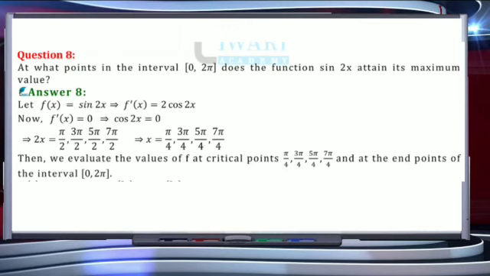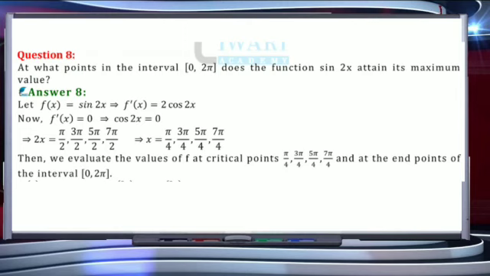Students, we know that 2x goes from 0 to 4 pi, and in that range there will be 4 points where cos takes the value 0. Those points are pi by 2, 3 pi by 2, 5 pi by 2 and 7 pi by 2. So 2x is equal to these values, which implies x will be pi by 4, 3 pi by 4, 5 pi by 4 and 7 pi by 4, and also the end points of the interval, 0 and 2 pi.